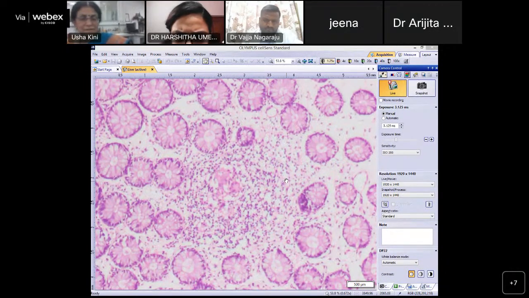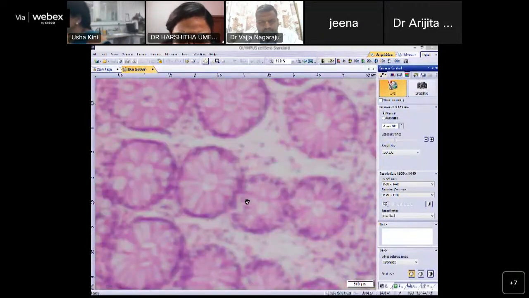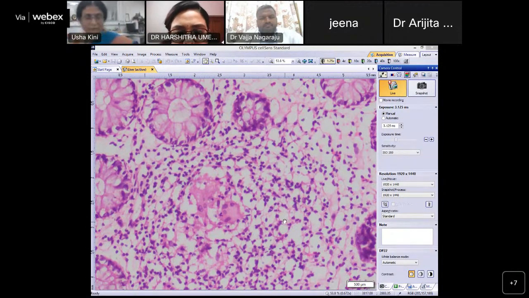What are these? There is an area where there are no glands, right? Yes, ma'am. And what is in the center? Giant cell, ma'am. They are multinucleate giant cells. Okay, and they are rimmed by the lymphocytes.